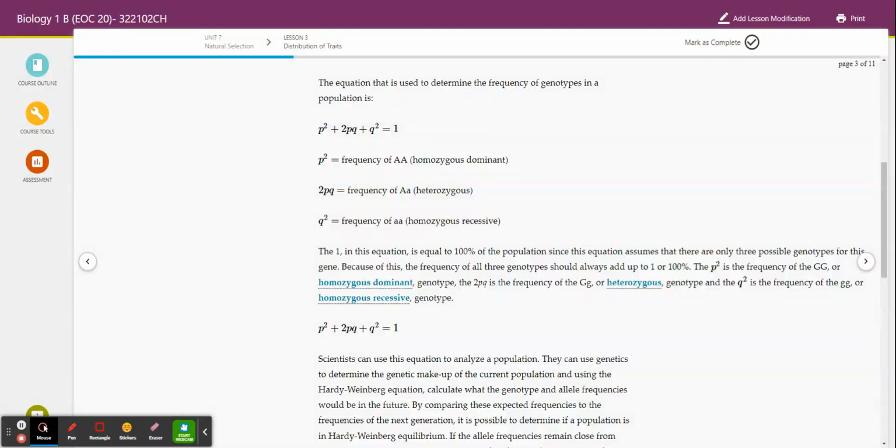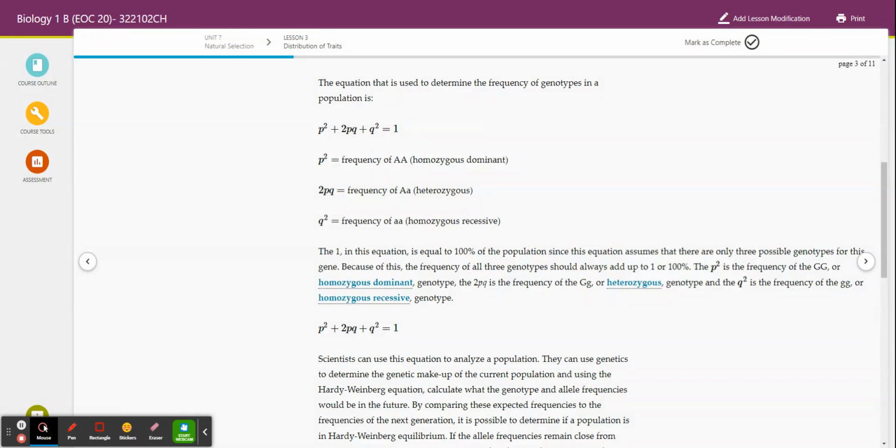The p squared is the frequency of the big G, or homozygous dominant genotype. The 2pq is the frequency of the big G little g, or heterozygous genotype. And the q squared is the frequency of the little g, or homozygous recessive genotype.